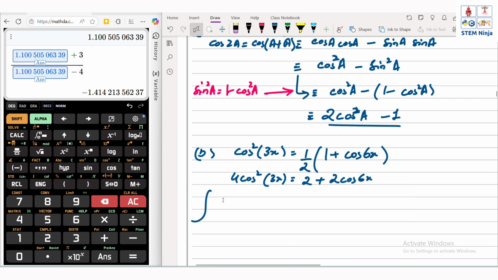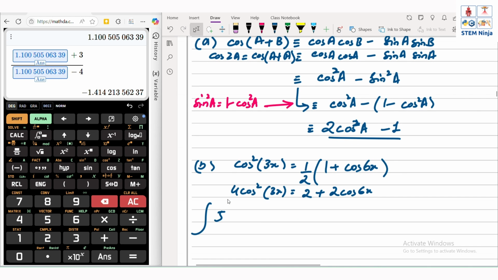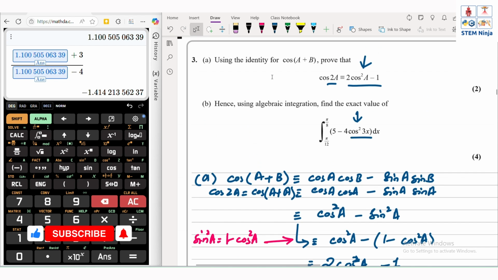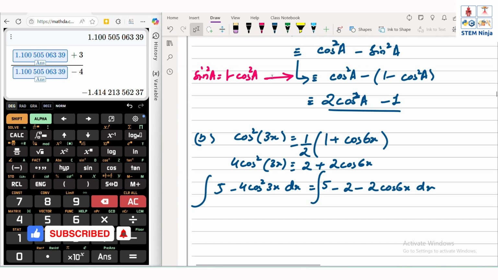So the integral of 5 minus 4 cos squared 3x dx becomes 5 minus 2 minus 2 cos 6x dx, identical to. And the limits will stay the same, pi by 12 to pi by 8.